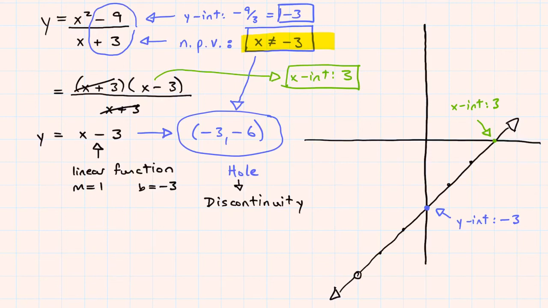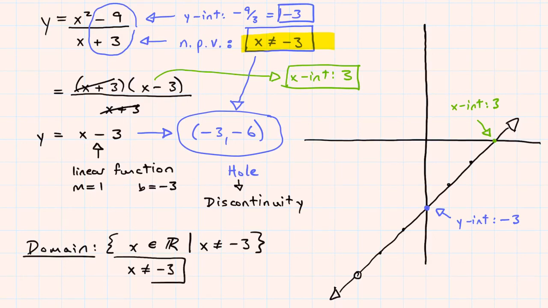We already got it with the non-permissible values, but you can write it in two different ways. You can write it the technical way, which is x is a real number such that x cannot equal -3, or what I will accept is you can just write the domain is x cannot equal -3. So it's implying it can be everything else.